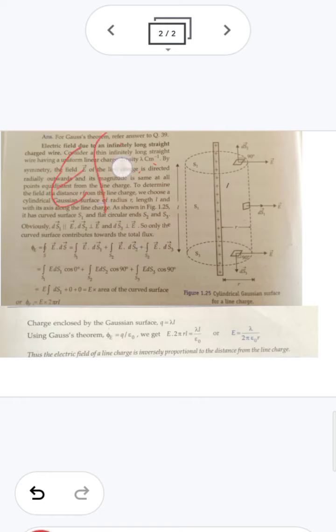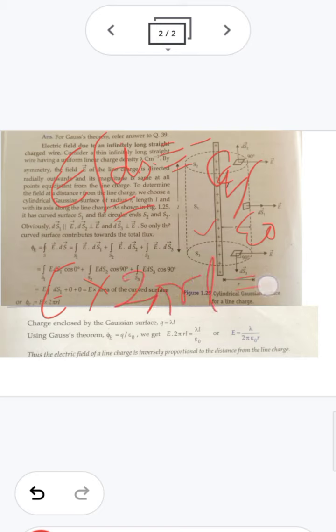So E into integral of ds is equal to q upon epsilon naught. Now the value of ds means this whole surface area. You have to find the total curved surface area, so in place of ds you write 2 pi rl. So E into 2 pi rl is equal to q upon epsilon naught.